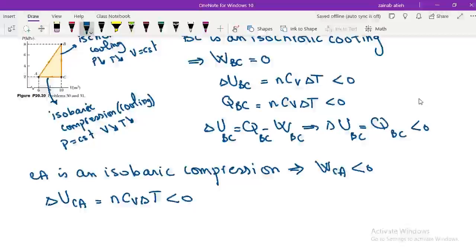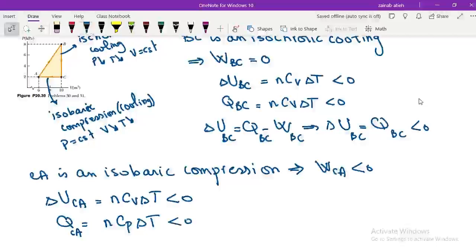So delta UCA is negative. Now let's go to Q. Q at an isobaric compression is equal to nCp delta T. The pressure is constant, volume is decreasing, so temperature is decreasing, so we will get nCp delta T negative. So this is for CA.